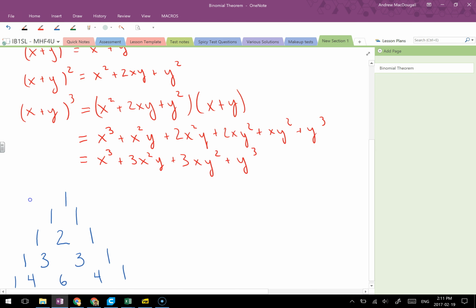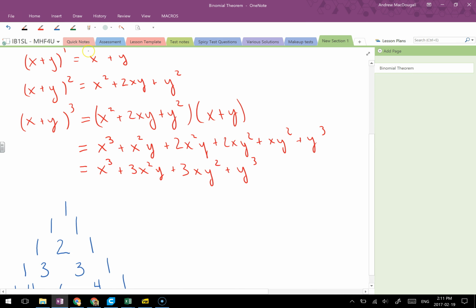Now, let's look at x plus y to the power 1. We have coefficients 1 and 1. That looks like row 1. Remember, the first row is row 0. Let's look at x plus y squared. Now we have 1, 2, 1. That's row 2.